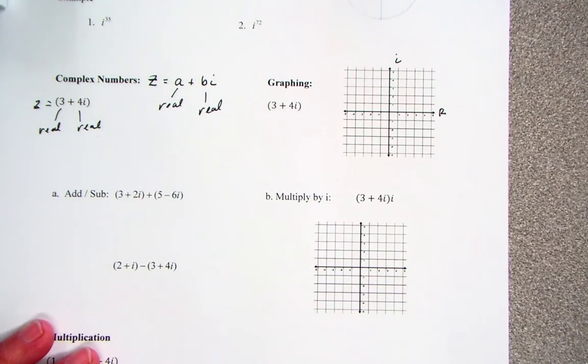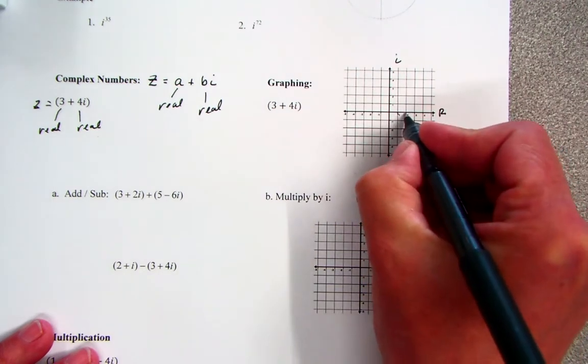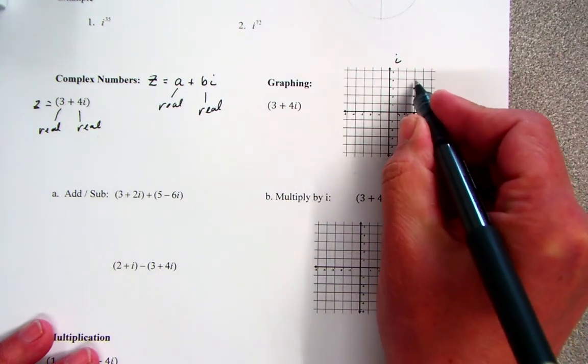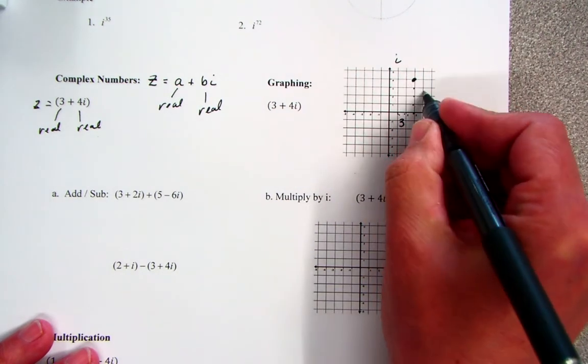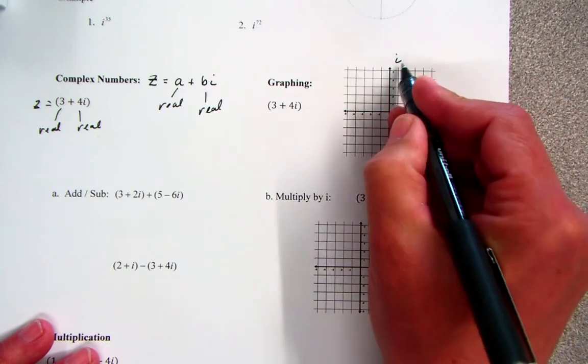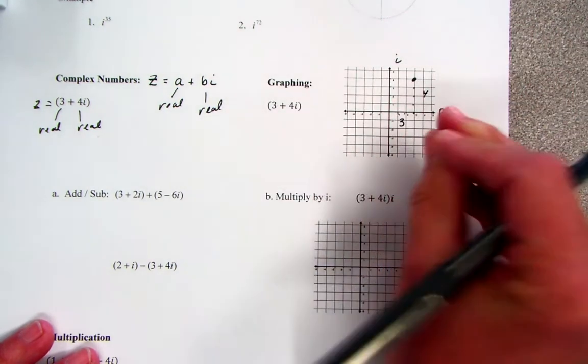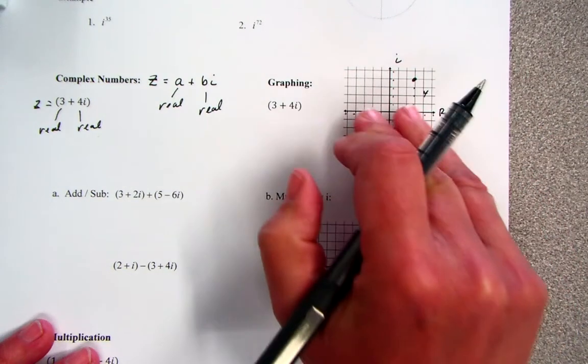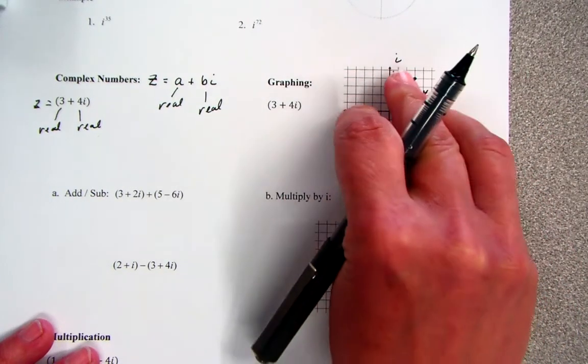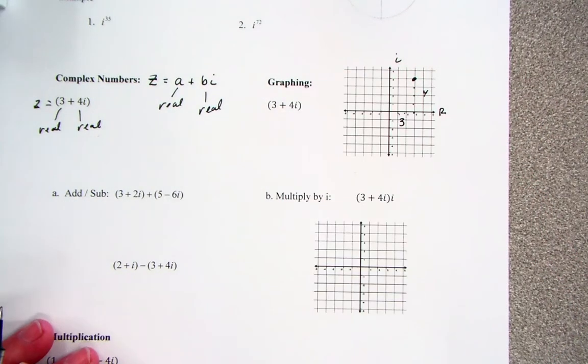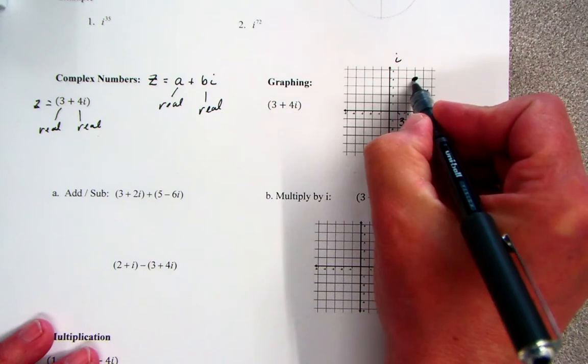If I wanted to plot 3 plus 4i, I'm going to go out 3 and up 4. Because I've renamed this axis i, which is kind of a different thing if you'd watched the initial video, it's not really up this way, it's really coming out of my paper in a different dimension. And so you can locate it right here.